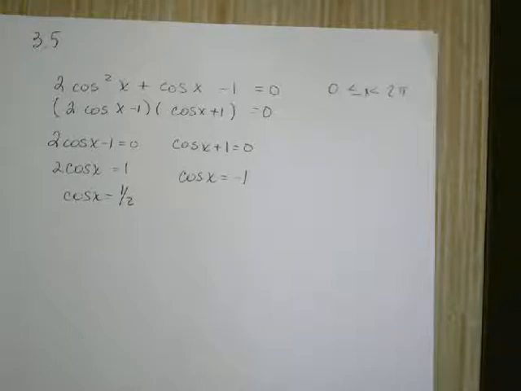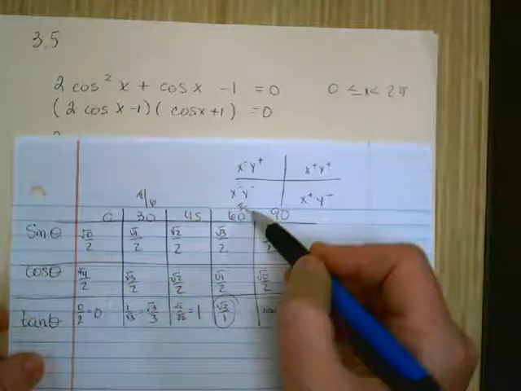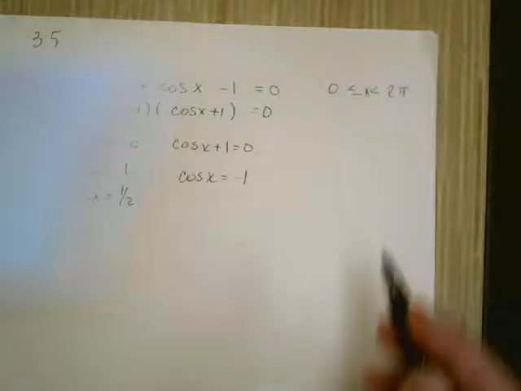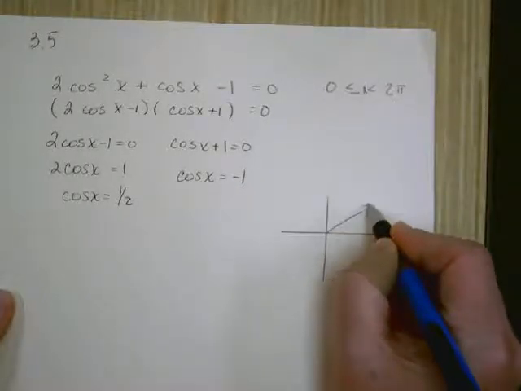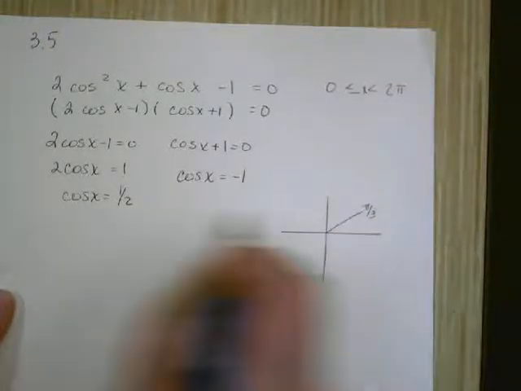So we have cosine is equal to 1/2. Go to my chart. Cosine is 1/2 at pi over 3. So pi over 3, cosine's positive, so that's an answer.